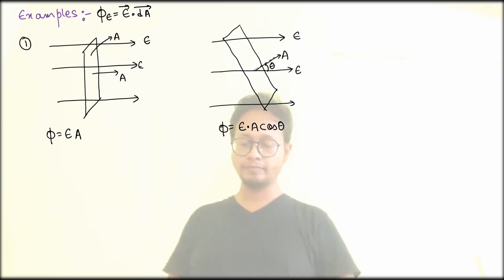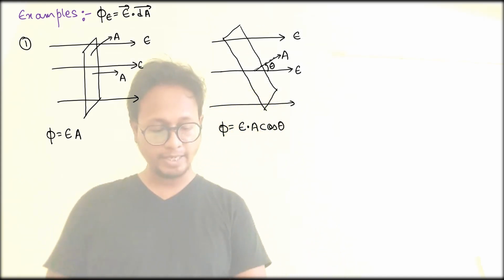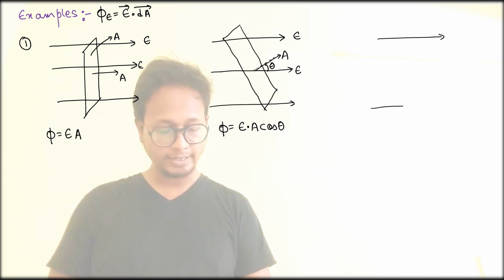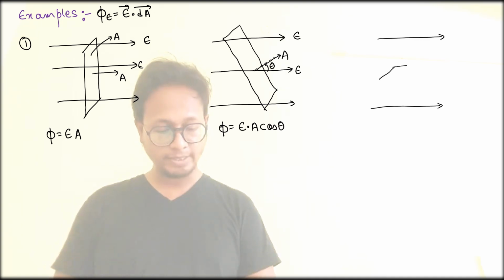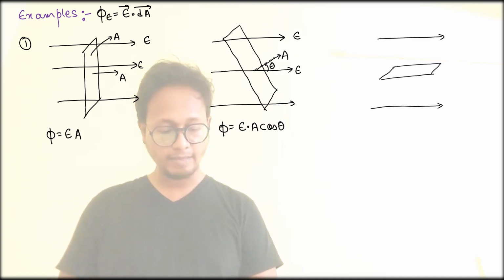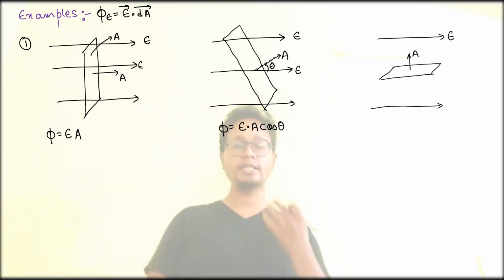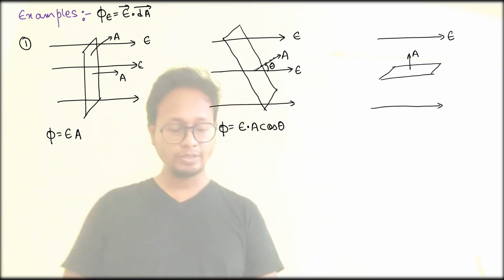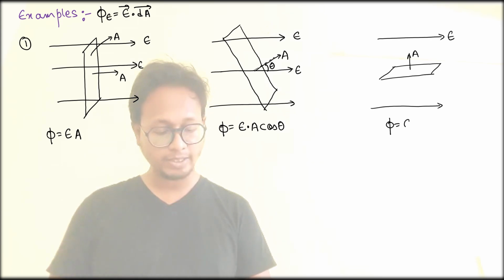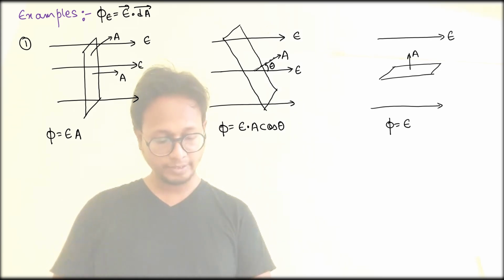Understood this much? What happens if I keep my electric field out here, and my paper is in this plane? What is the angle between area vector and electric field vector? 90. And what is the value of cos 90? 0. So the flux out here would be nothing but 0, isn't it? Not E dot A, it would be 0.